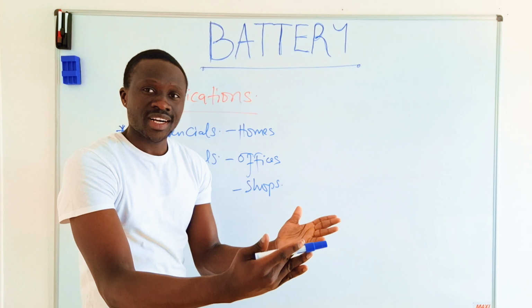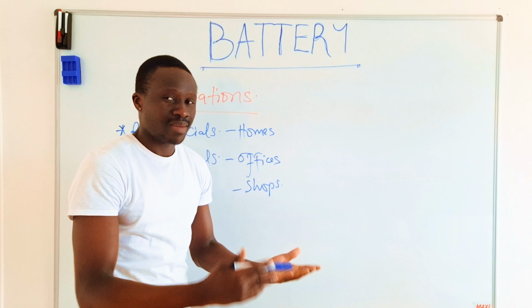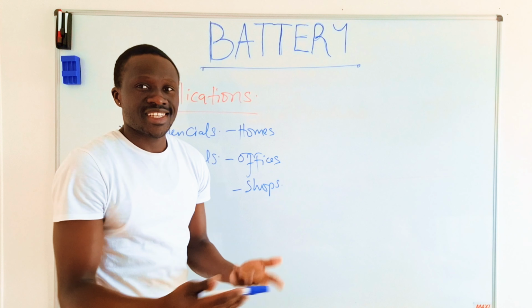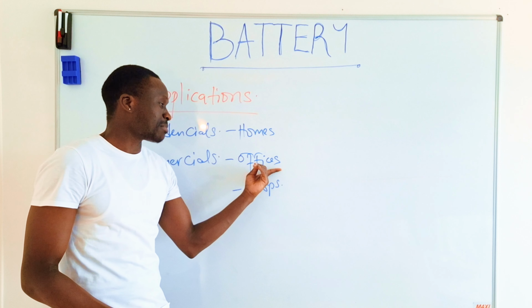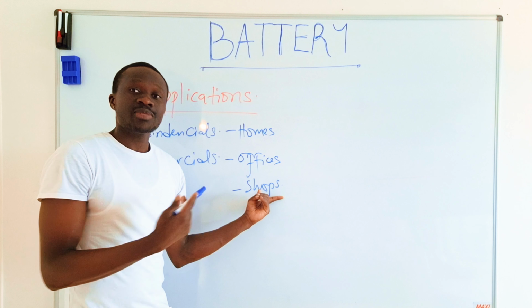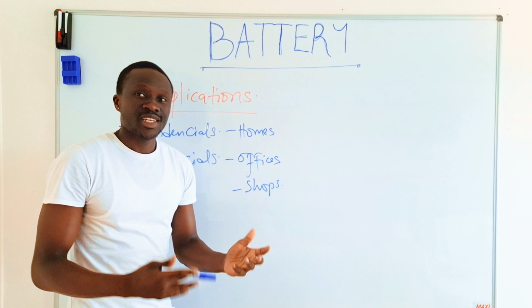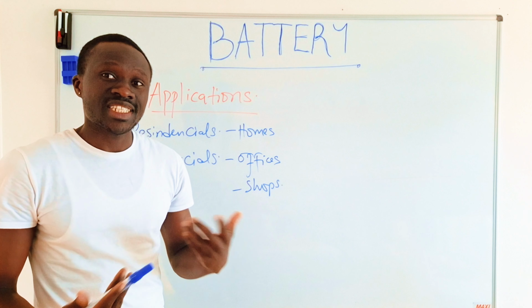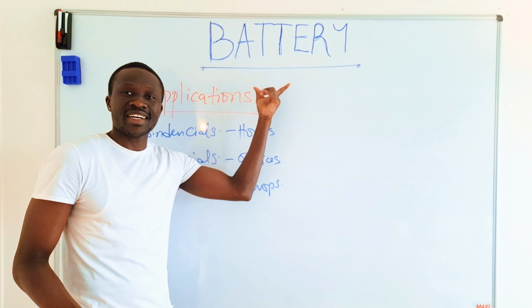You will finish your work and download it, then close the laptop. That is why UPS is better in the office. Then in the shops, when power goes, this battery will back up and lights will be on for customers to buy things, and also for the seller to sell things in the shop. You see how the batteries are helping us?